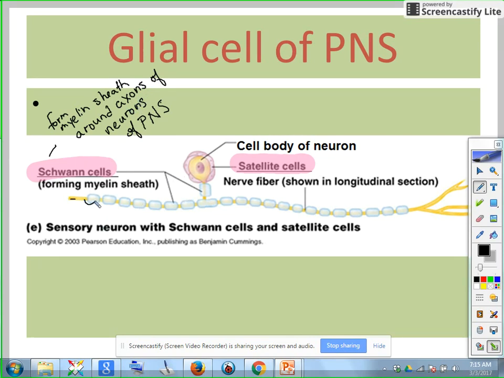And remember, that creates the ability to do saltatory conduction or saltatory propagation down the axon, which is much faster.